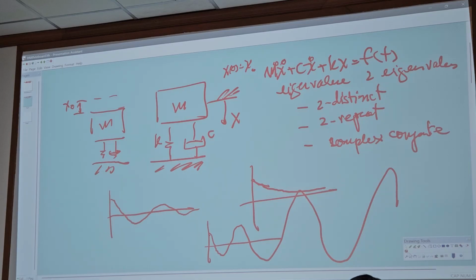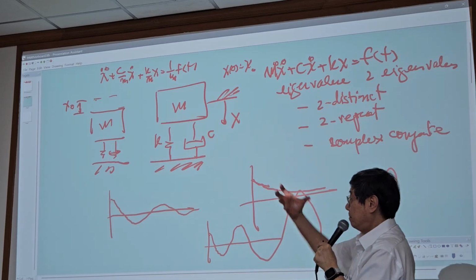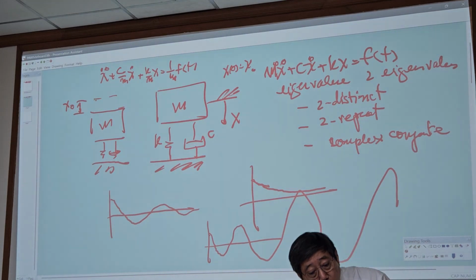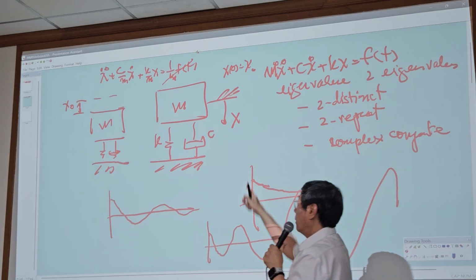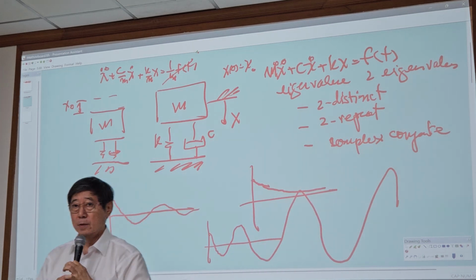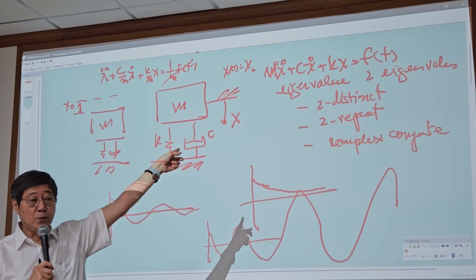You have to change this one to this form: X double dot plus C over M X dot plus K over M X equals F. If we only have the initial condition, this means in the homogeneous solution we don't have the forcing term. So you need to find the root of this one.